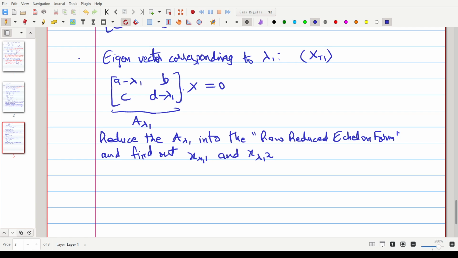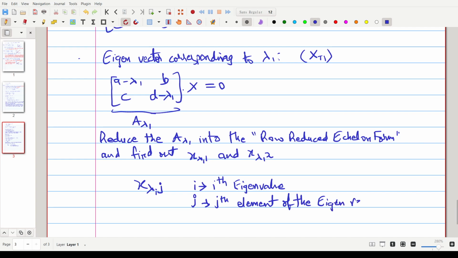So here, what does this represent? x lambda i j. i is the suffix of lambda and j is a different thing. i represents the ith eigenvalue, and j represents the jth element of the eigenvector.